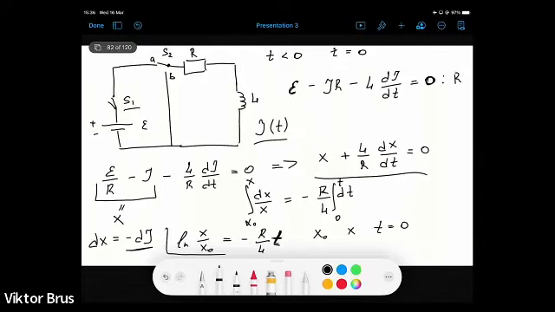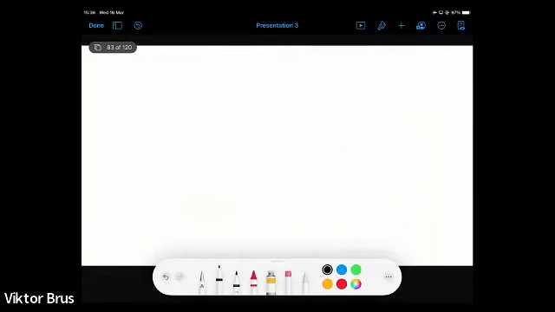If we get rid of the logarithm, we can express x as a function of time. It will be x equal to x naught times exponent of minus R divided by L times t.